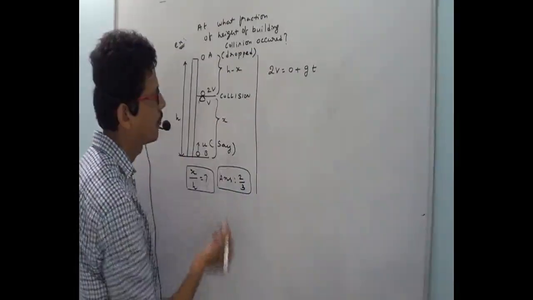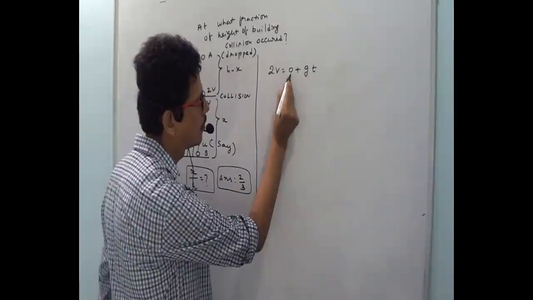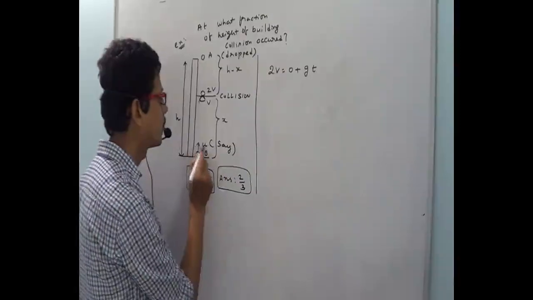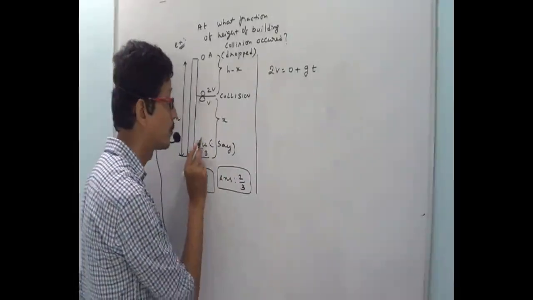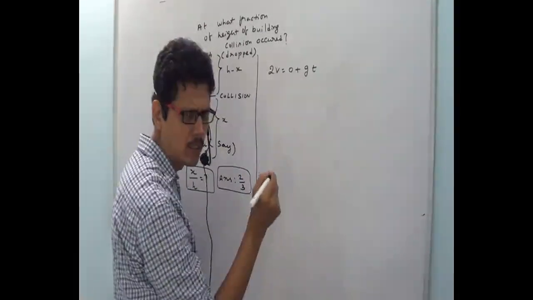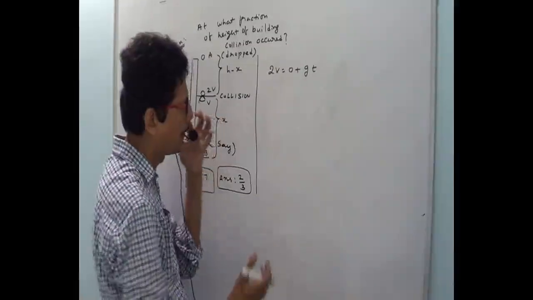If the other is projected upwards, dropped means initial velocity is 0. After t time, let its speed be 2v. And what about ball B? In the same time, its speed has become v. Simultaneously, one is dropped and the other is projected.